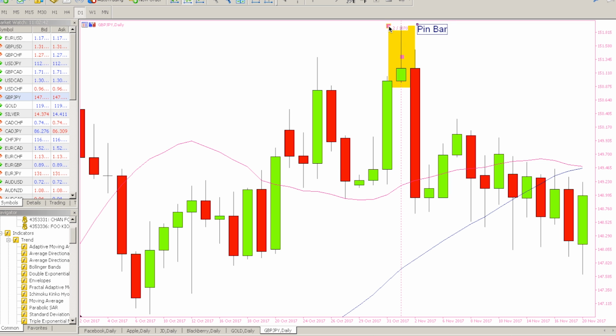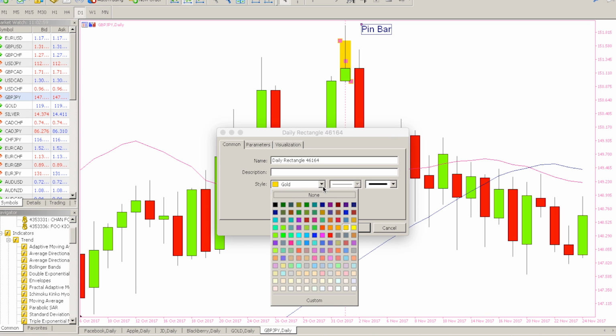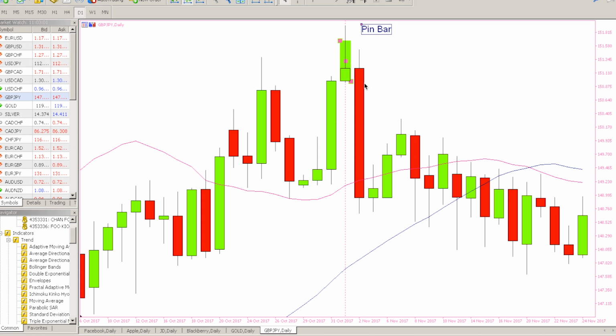Let me draw this as if it's a candlestick. Let's make it green. If this is a candlestick, it moves up and down, up and down, up and down. It doesn't close here. It doesn't close here. It closes all the way down here.